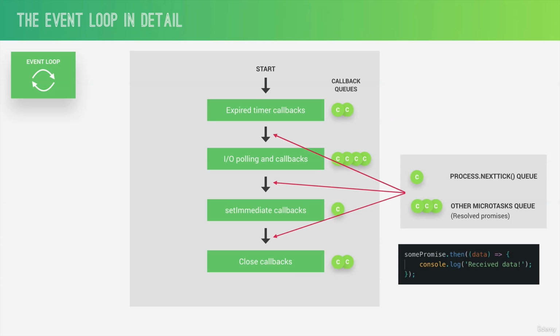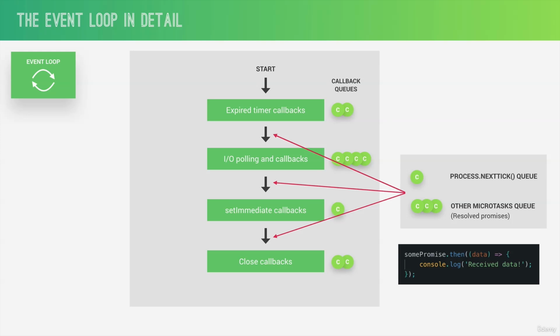Okay? So in other words, after each of these 4 phases, if there are any callbacks in these 2 special queues, they will be executed right away. Now, for example, imagine that a promise resolves and returns some data from an API call, while the callback of an expired timer is running.